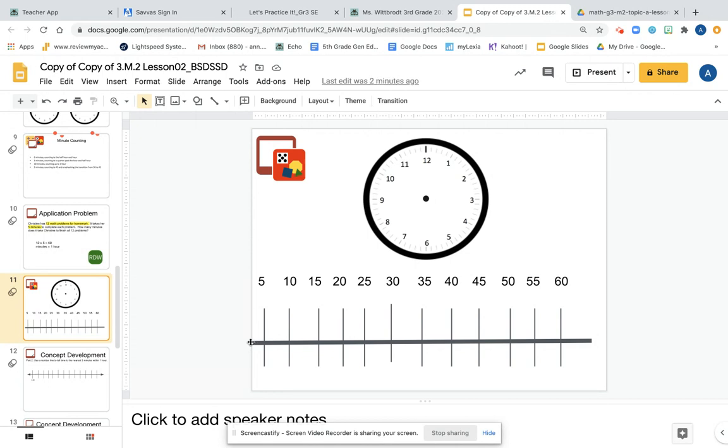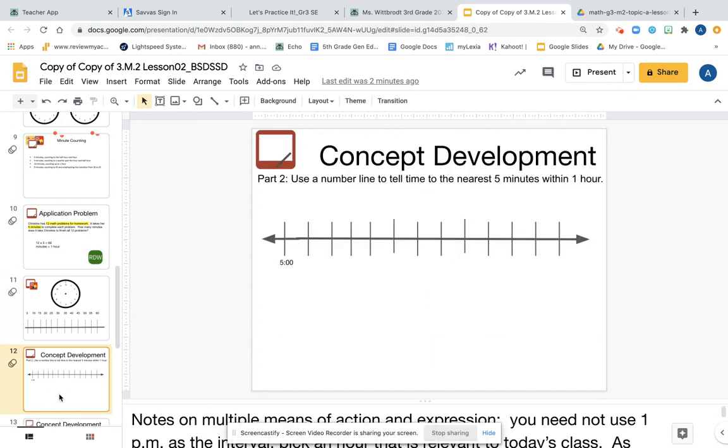If I say I leave school at 3 o'clock and I got home at 3:25, how many times did I have to skip count to get there? 3:05, 3:10, 3:15, 3:20, 3:25. So on your problem set, it's going to be asking you to label within an hour all of the times within those 5 minutes.